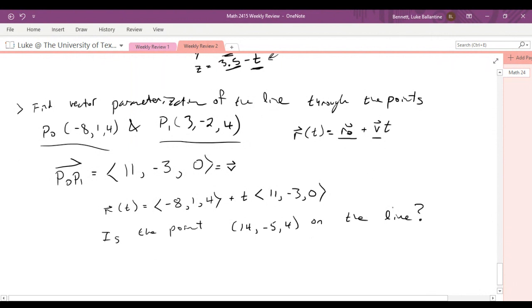Is the point 14, negative 5, 4 on the line? How do we determine that? We make the x, y, z slope equations. What do you mean by that?